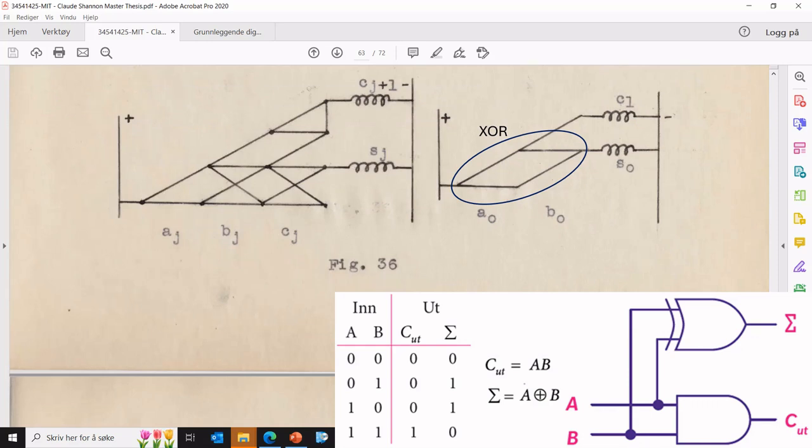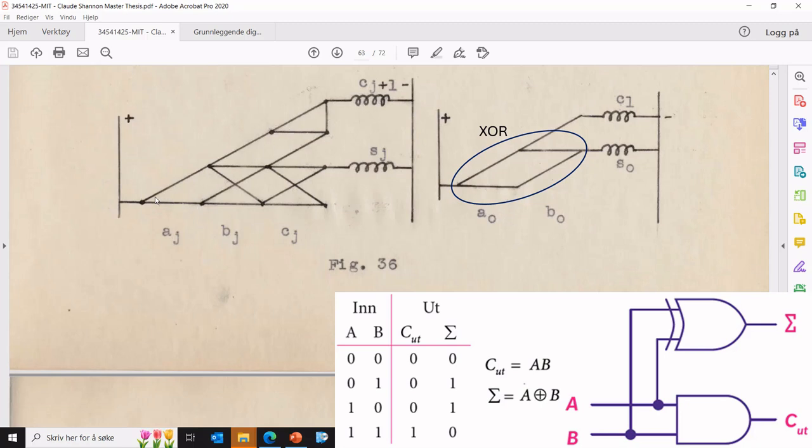To the left, we have when we are adding digits different from the first digits. And here we have Aj, Bj, and Cj. If all of them are 1, you see that you get out Cj plus 1.